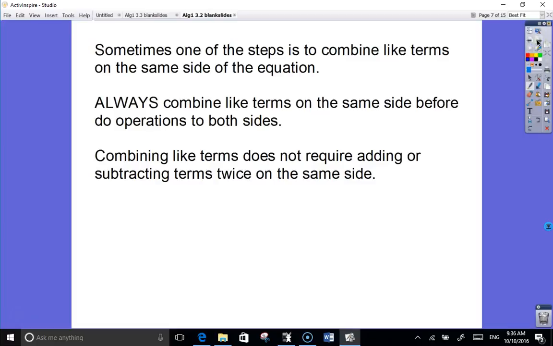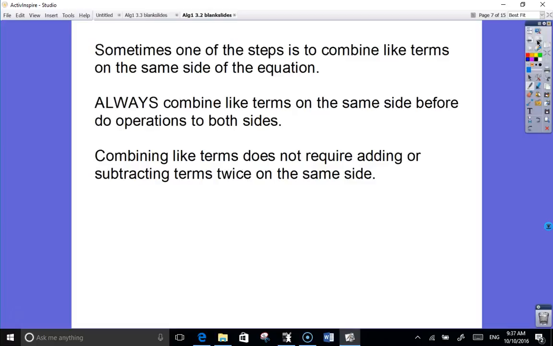Sometimes one of the operations is to combine like terms. And it's important that, we're going to move on from two steps to multi-steps. We go to variables on both sides. And it's really important that before you start adding terms from side to side, you actually take care of all the like terms that are on the same side, right?